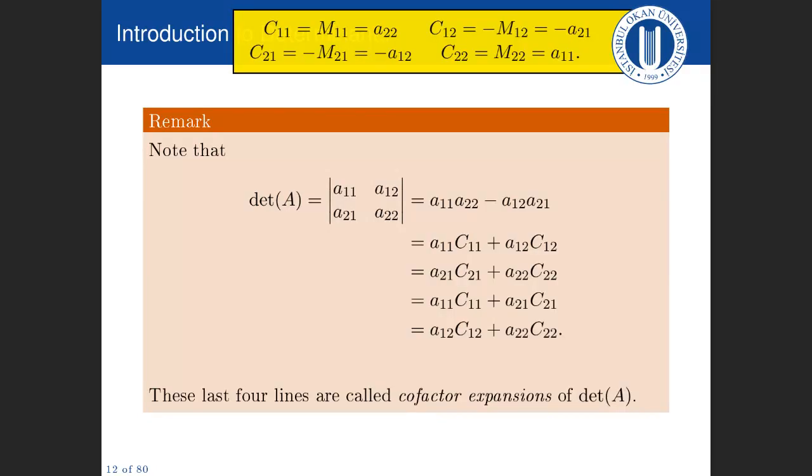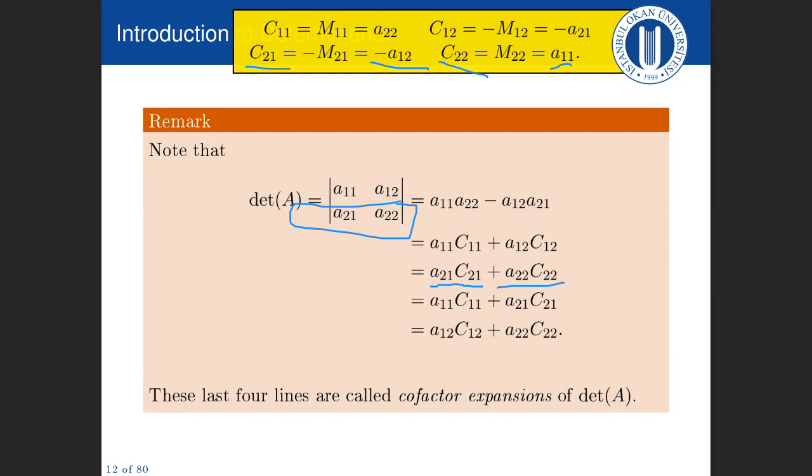But we don't have to use the first row. We could use a different row or a different column. For example, let's suppose we wanted to use the second row. I'm saying this is the same as A21 C21 plus A22 C22. Why? Well, look in the yellow box at the top. C21 is minus A12, and C22 is A11.